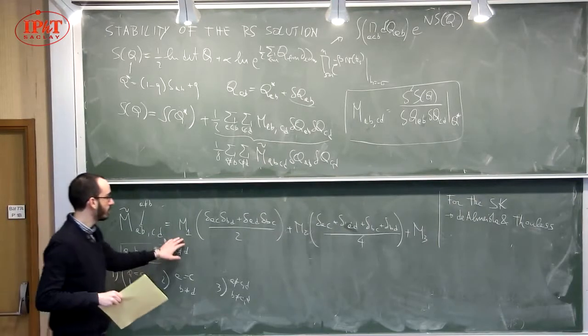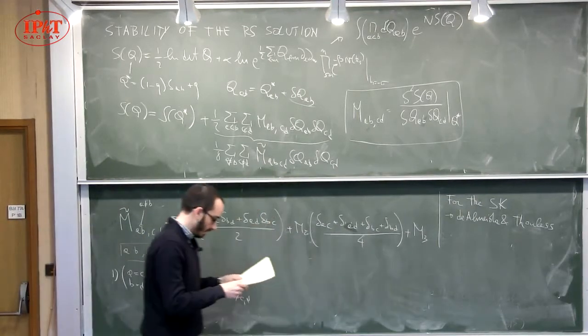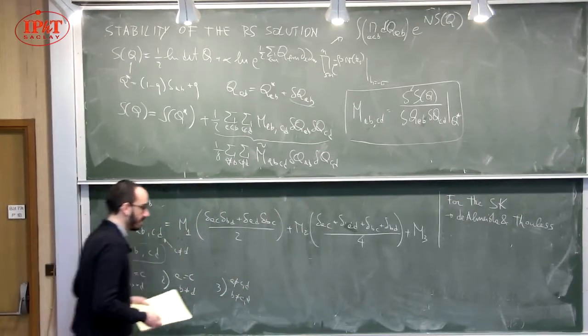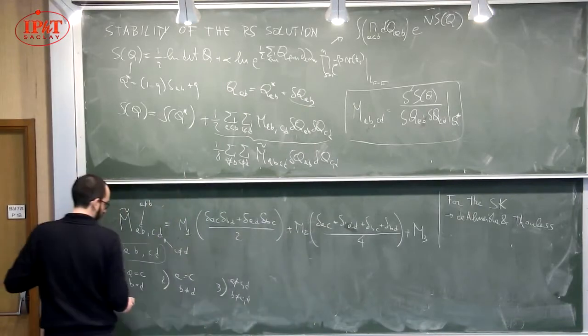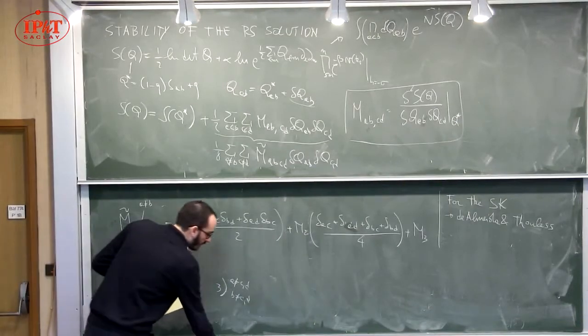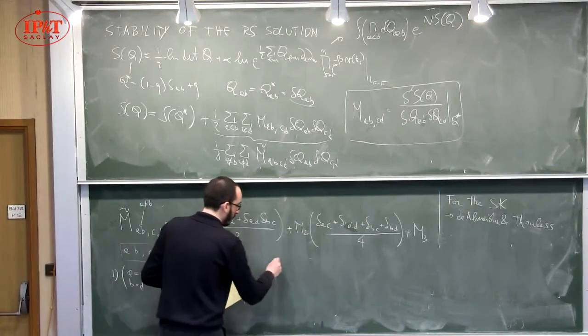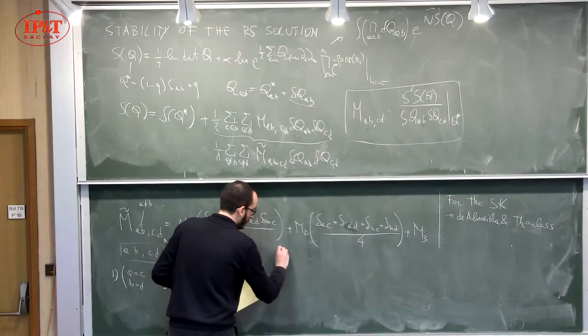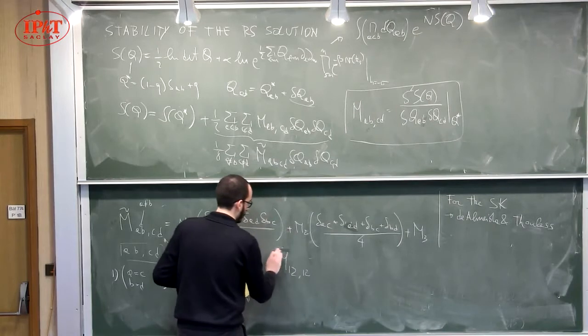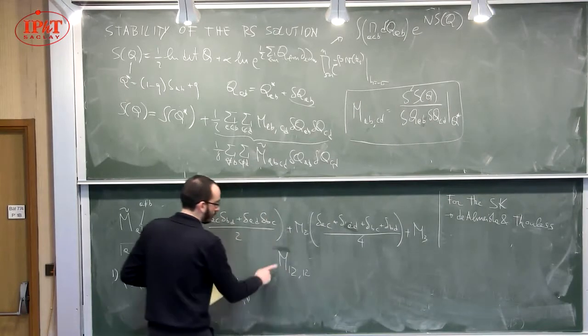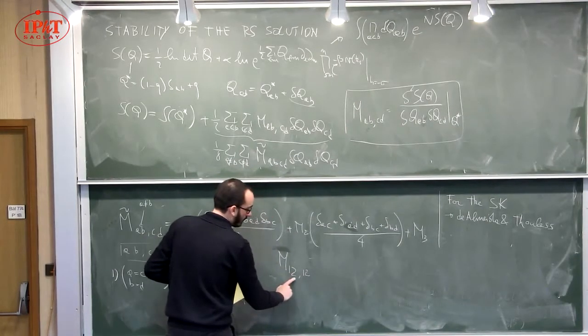So how do we compute this? The strategy is quite simple. Given this, what you can try to do is just compute the following three objects. You first compute the derivatives with respect to 1, 2, and 1, 2.